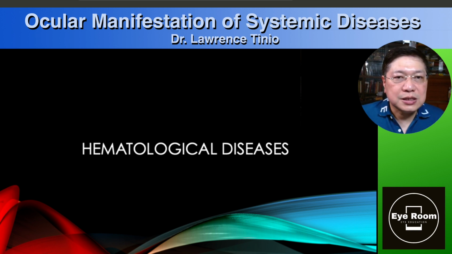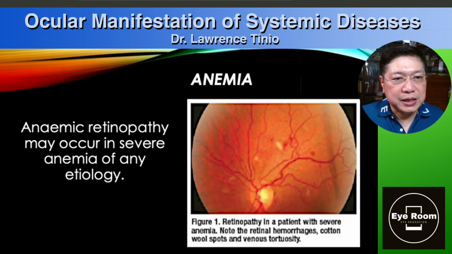Now, blood diseases will also produce problems in your eye. One of them would be anemia. So, an anemic retinopathy can occur at any etiology, as long as your anemia is severe. So, you're looking here for retinal hemorrhages, cotton wool spots, and venous tortuosity. Again, the problems are not very specific to anemia.